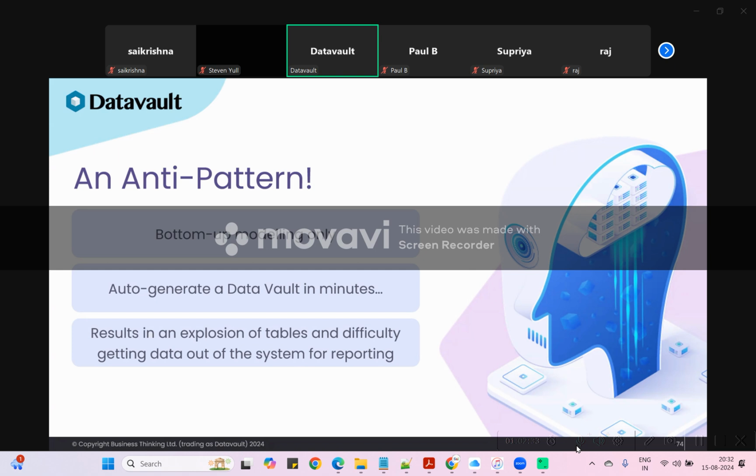So unfortunately, a lot of the tool vendors out there say, give us a source system and press a button and we can auto-generate you the Data Vault in minutes. And maybe they can, but they will have generated you a source system Data Vault. And you can spot a source system Data Vault because you'll have an explosion of tables and difficulty to get data out of the system for reporting.